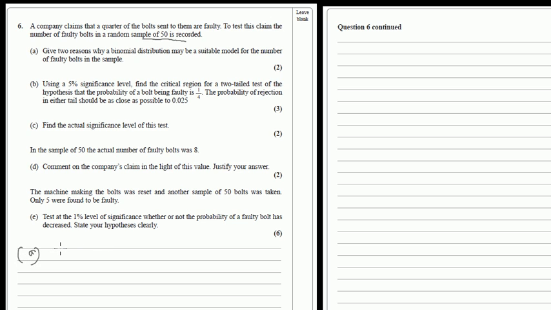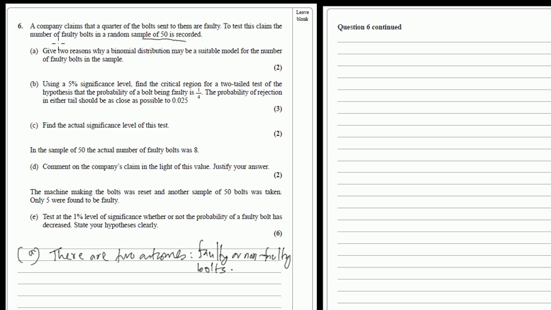So there are 2 outcomes: faulty or non-faulty bolts. This is one of the properties, and the other property is that the number of trials is fixed.